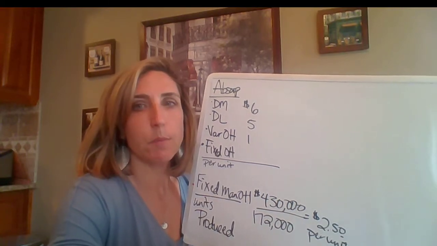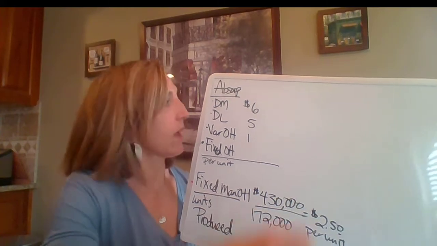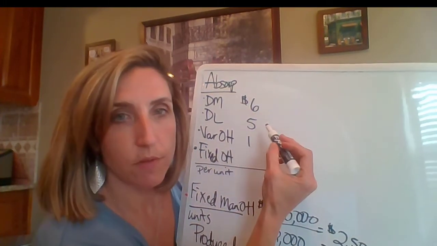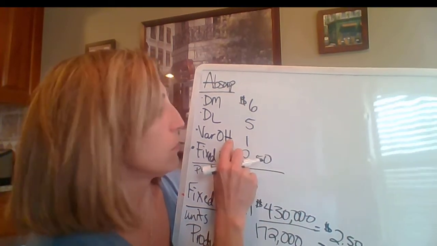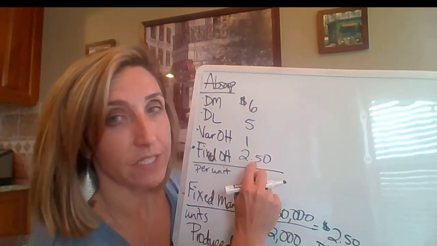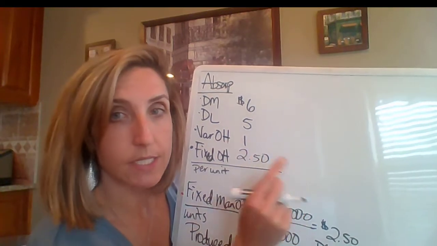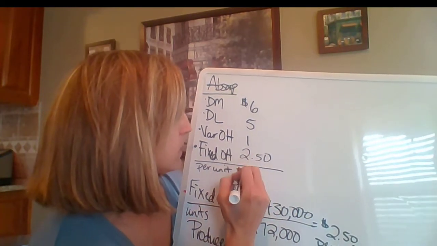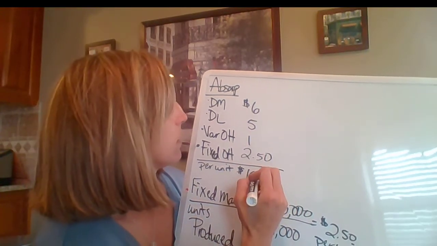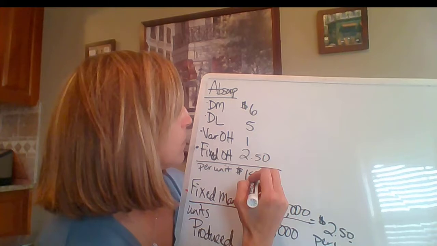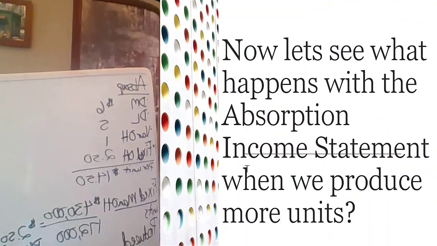So when we look at the per unit cost, it's going to say that we have $6 in material cost, we have $5 in labor cost, we have $1.50 in variable overhead, but now our fixed manufacturing overhead has just been reallocated down from $3.44 to $2.50. So it looks like each marker is only costing us $14.50 to produce, okay?